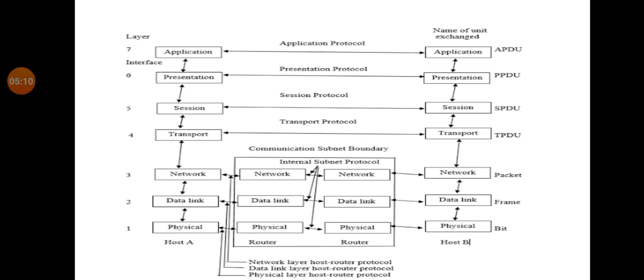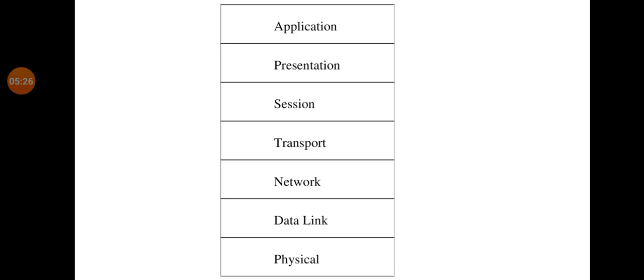In this diagram you can see the physical layer exchanges data as bits, and the data link layer exchanges data as frames. So the first function of the data link layer is that it converts data bits into data frames. Whatever data bits it receives from the physical layer are converted into frames by the data link layer.